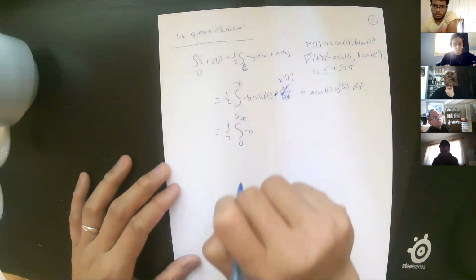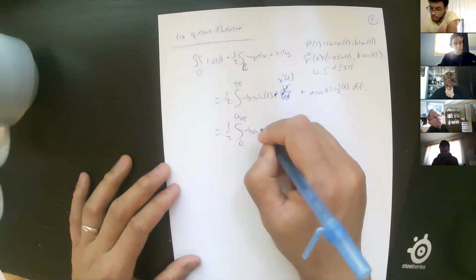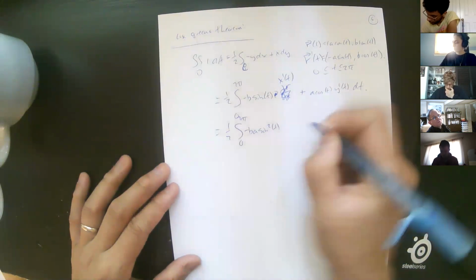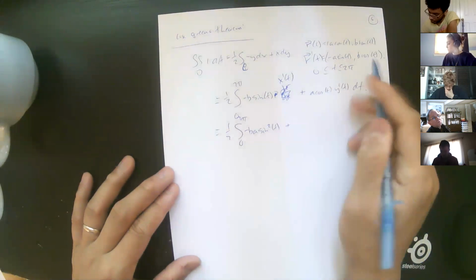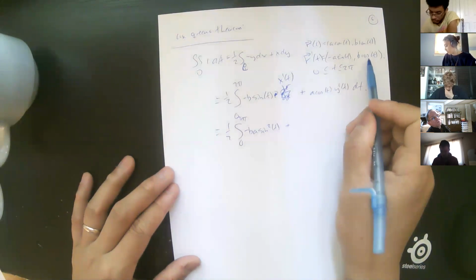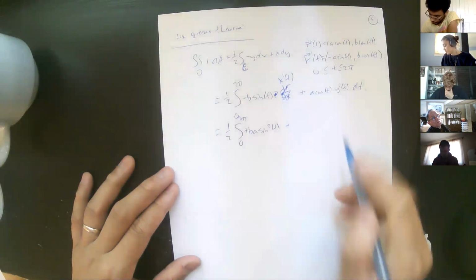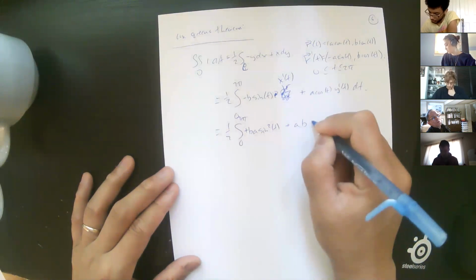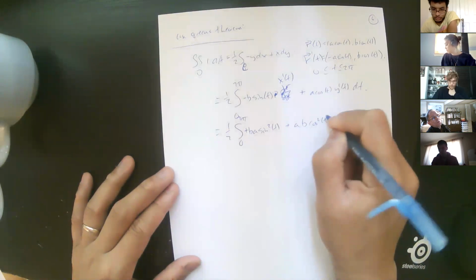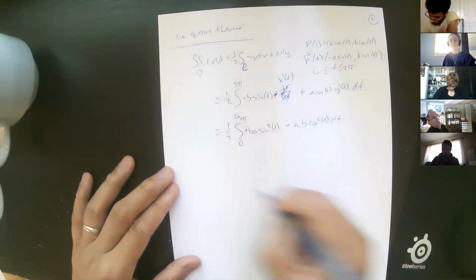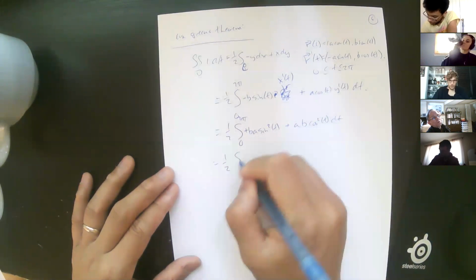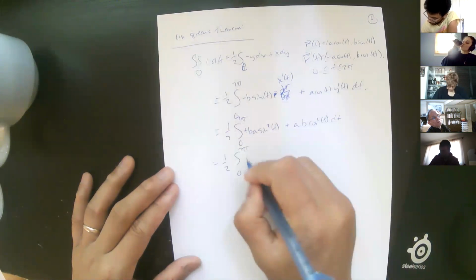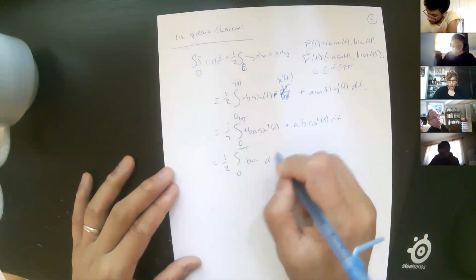So minus b a sine squared t plus, that's a plus sign because I have a negative sign there, a b cosine squared t dt. This is 1/2 integral from 0 to 2 pi of ba dt.